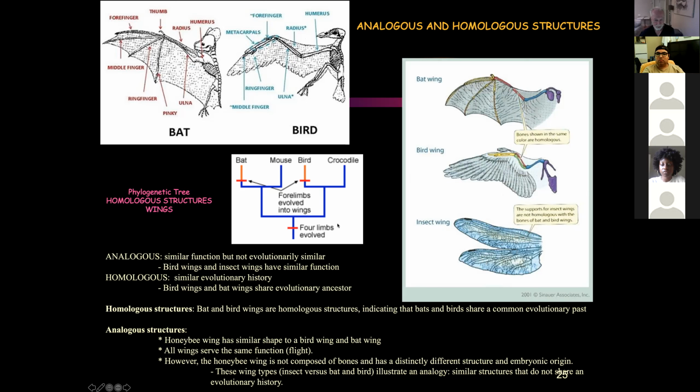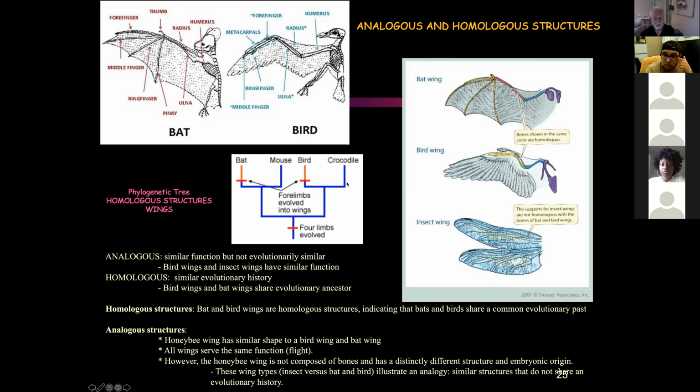And how does this happen? Well, if you look at this scheme here, the phylogenetic tree of homologous structures with wings, it starts out there's a common ancestor long ago that had 4 limbs. And that 4-limbed creature evolved, split off a branch that had birds and crocodiles.